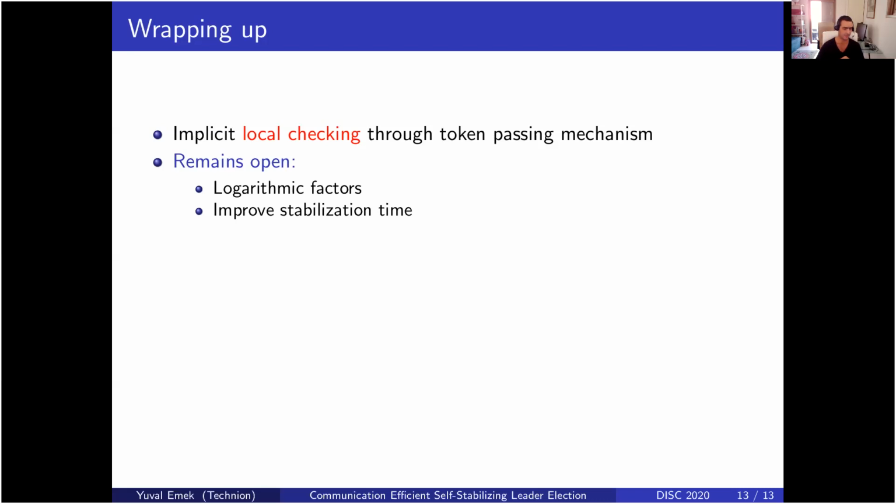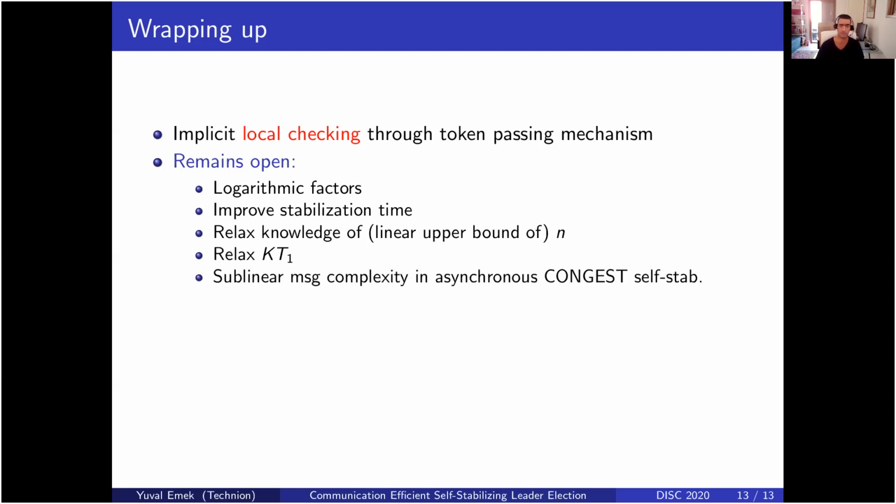One may wonder about relaxing the assumption about the knowledge of n, as currently we need to know a linear upper bound of n. We can also try to relax this KT1 assumption, or something that may be harder: can we get a sublinear message complexity for asynchronous congest self-stabilizing algorithms?